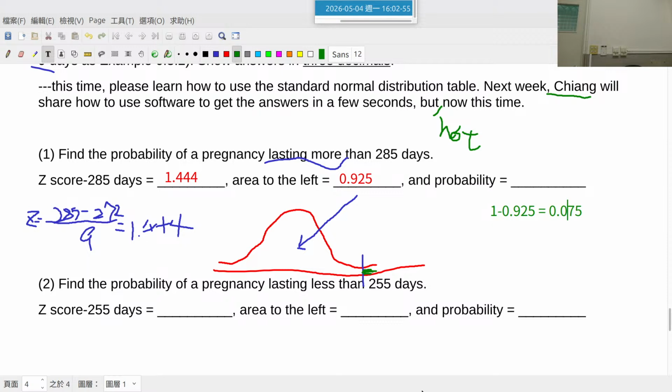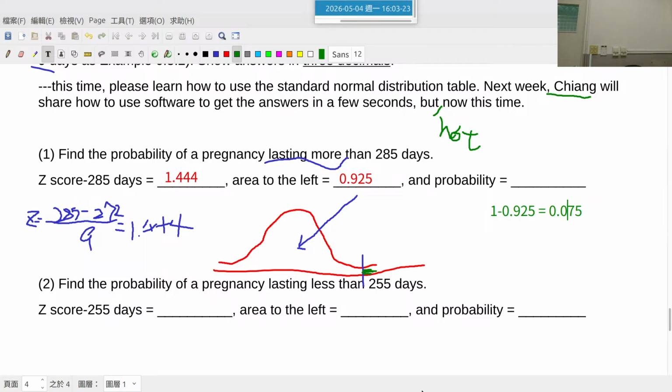The whole area is 1, and the proportion to the left is 0.925. Very large area. But the question is, what's the probability that the pregnancy lasts more than 285? In other words, the probability is very, very low, in the green area.